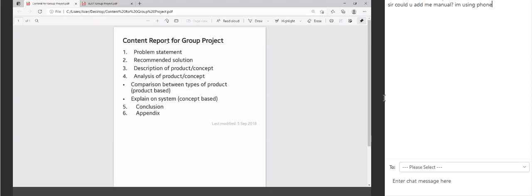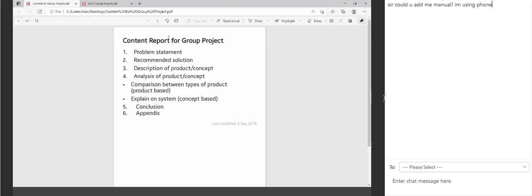And if you are choosing products that are already available on the market, I want you to compare the products. For example, if you want to choose between handphones from Apple, Samsung, or Huawei, you have to compare.